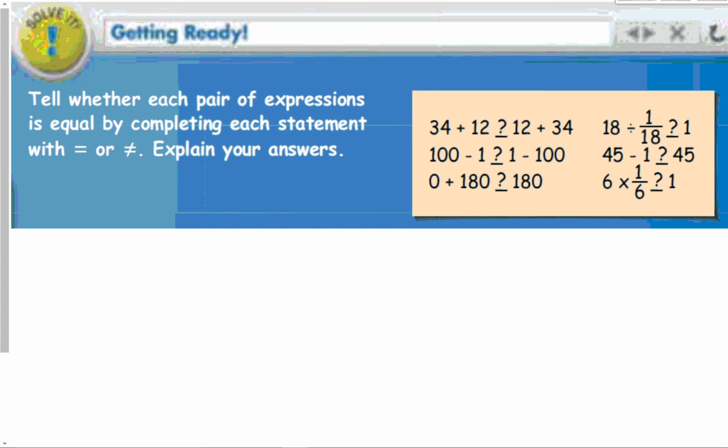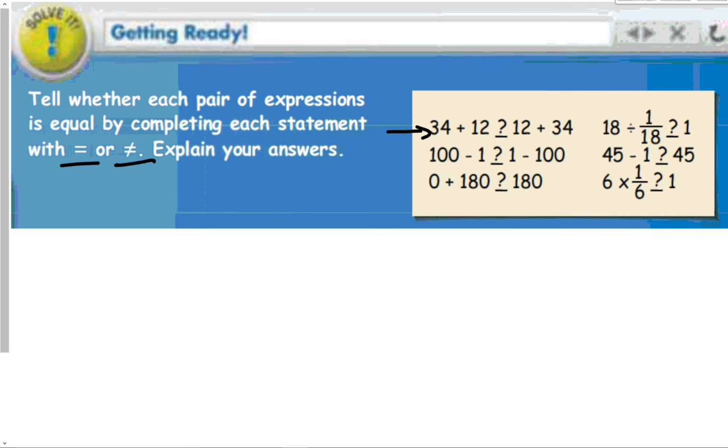Okay, so let's start with this little warm-up in the solve it problem, and let's tell whether each pair of expressions is equal by comparing each statement with equals or not equals. So if I look at this first expression right here, we have 34 plus 12, and then we have 12 plus 34.